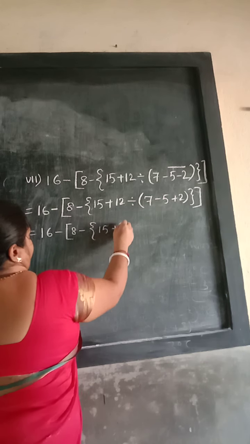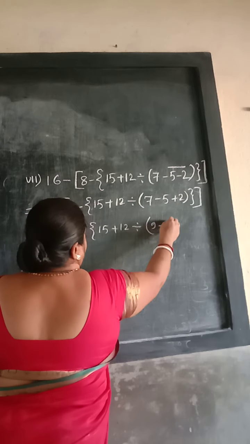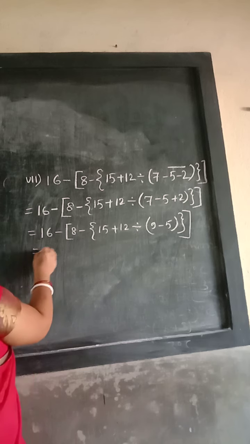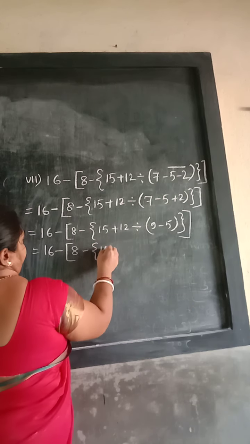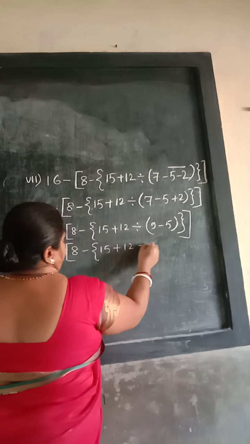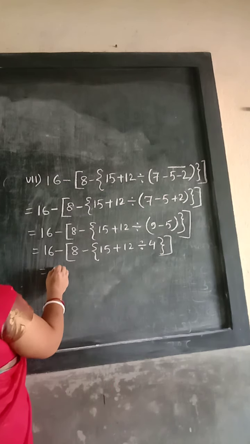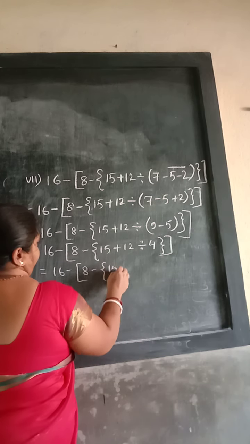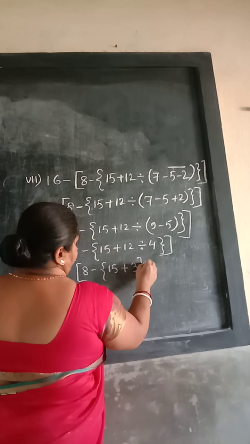15 plus 12 divided by 7 plus 2, 9 minus 5, or 16 minus 8 minus 15 plus 12 divided by 4, or 16 minus 8 minus 15, 12 divided by 4, that is 3.